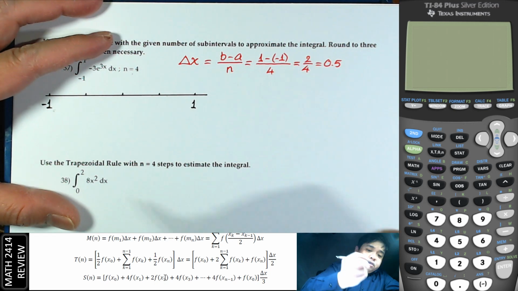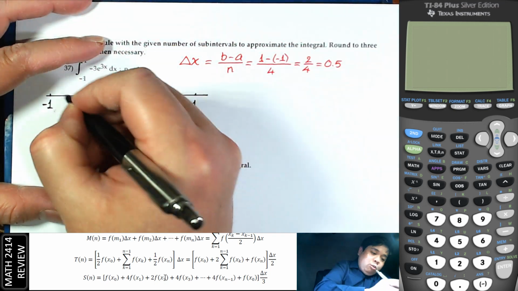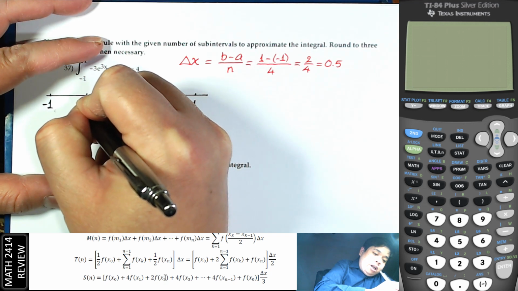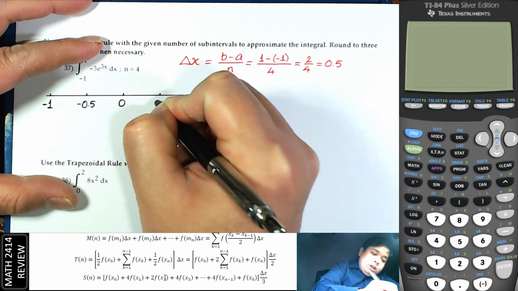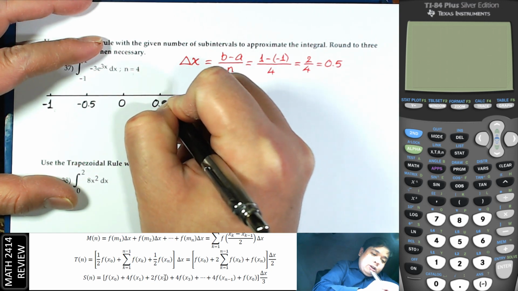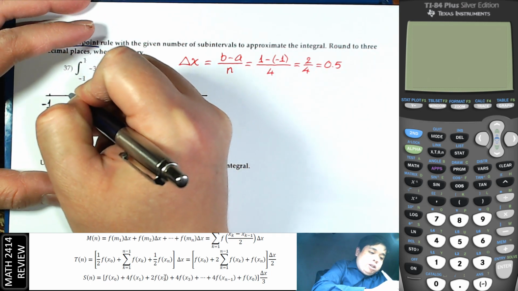So with that, we have from -1 to 1, the increment is 0.5, so -0.5, 0, 0.5, and 1. Now the midpoint: we're going to take the midpoint of each.